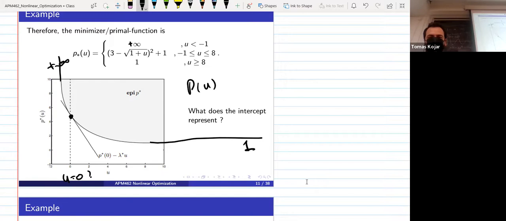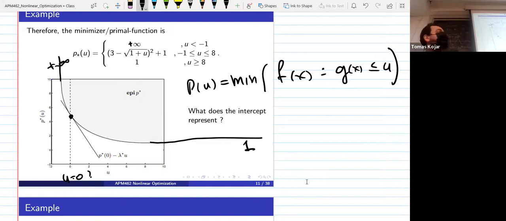It was p(u) equal to the minimum of your function, given that g is less than u. What happens when you put u equals 0? Yeah, so you get f star. So the intercept is just f star.